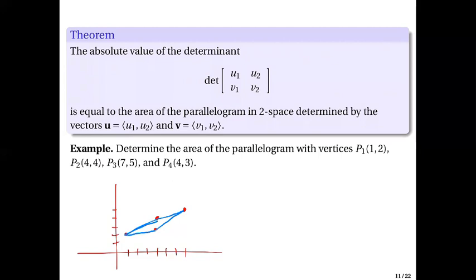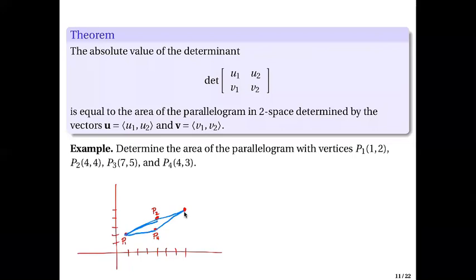So let's look at the labels here. This is your P1. This guy here, it's your 4, 3. So that's your P4. This guy here, it's your 4, 4. That's your P2. And this guy here, it's your 7, 5.